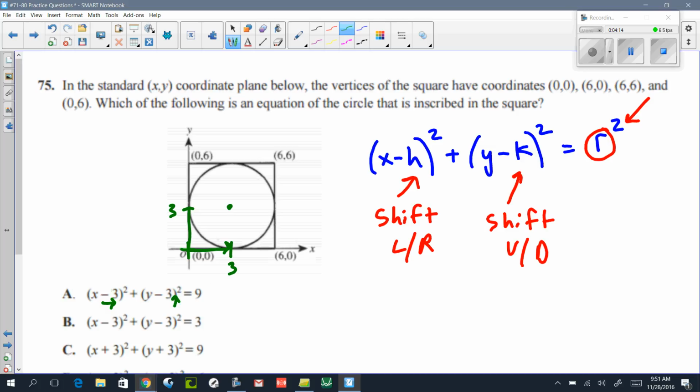And the radius of this circle would be 3, and 3 squared is 9. So this equation matches our general form. We have x minus 3 squared, that's your shift to the right, plus y minus 3 squared, that's your shift up, equals your radius, 3 squared, so we get 9. So the answer is A for that one.